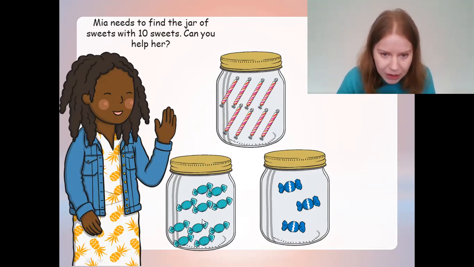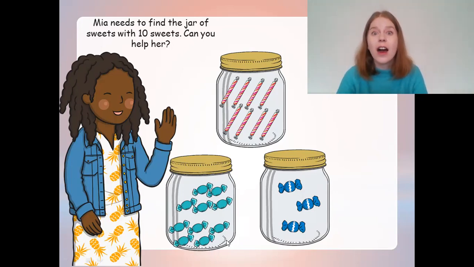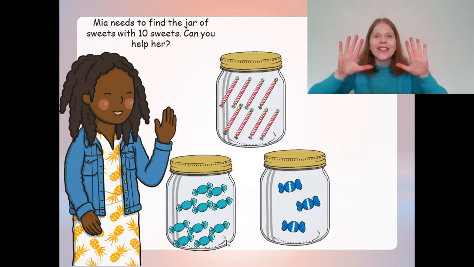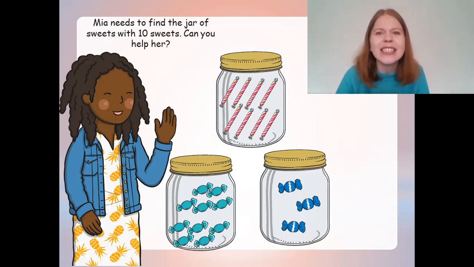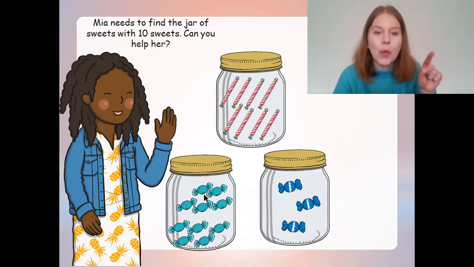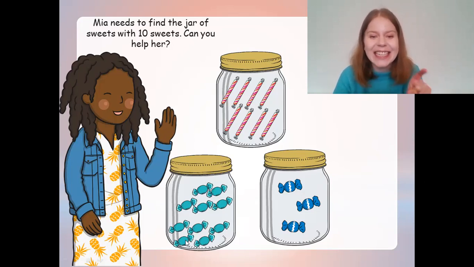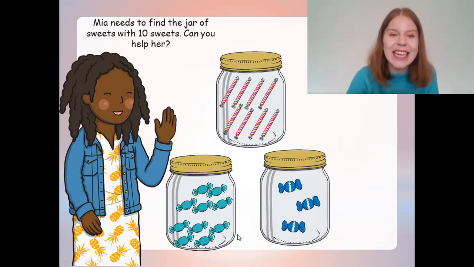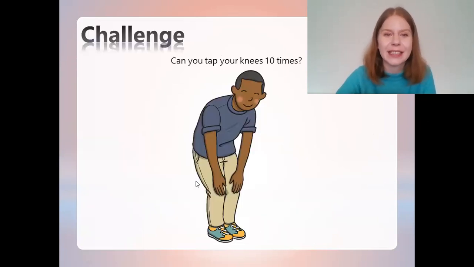Then I wonder how many are in this group here. 1, 2, 3, 4, 5. 5 and another 5 is 10. Now let's just count them in ones just to double check we're right. 1, 2, 3, 4, 5, 6, 7, 8, 9, 10. There are 10 sweets. This is the jar of sweets Maya needs.